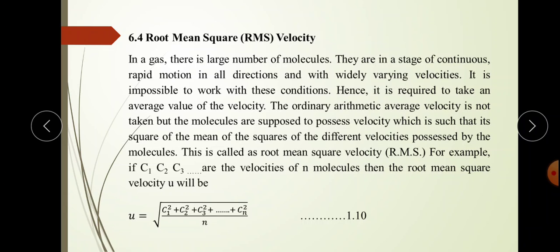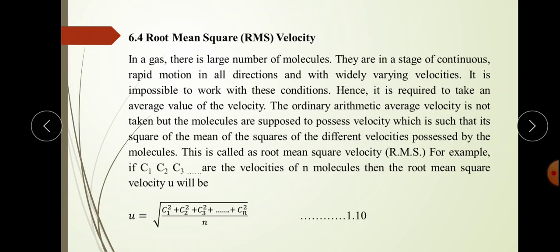So, in general, in a gas there is a large number of molecules. They are in a continuous state of rapid motion in all directions, with widely varying velocities. It is impossible to work with this condition. Hence, it is required to take an average value of the velocity.